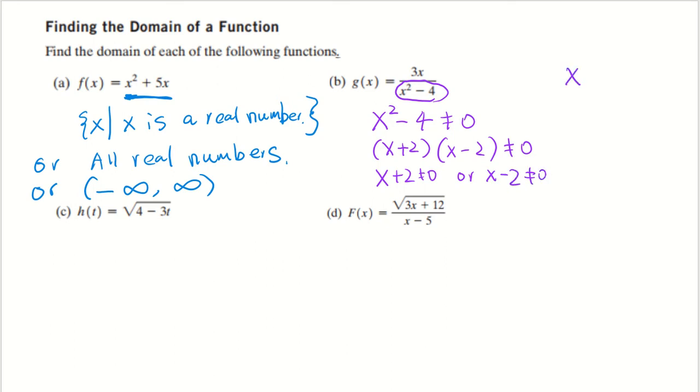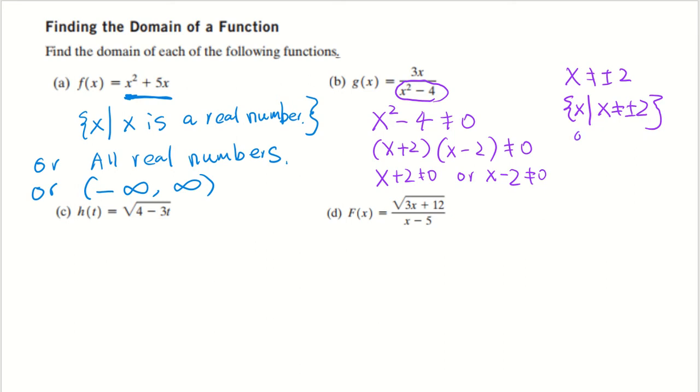So x cannot be 2 or negative 2. To represent it in the set notation, we will have x is such a number that x cannot be equal to 2 or negative 2. This is the set notation.